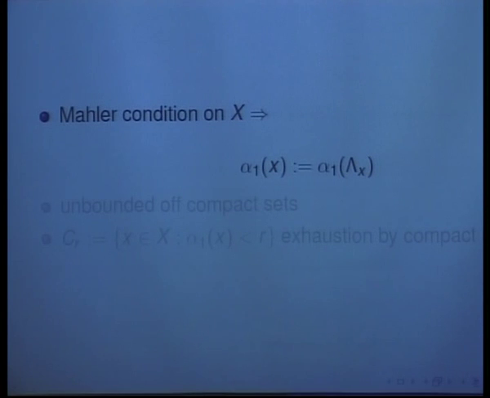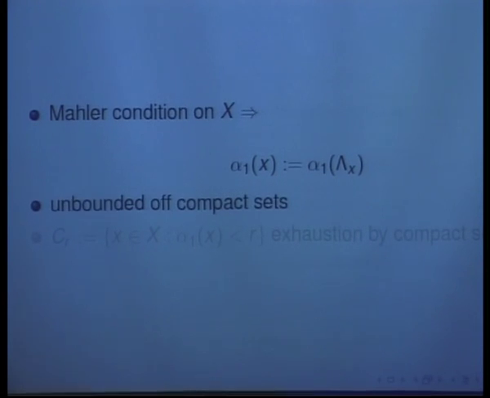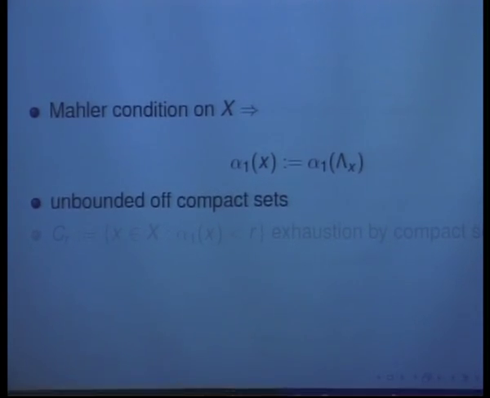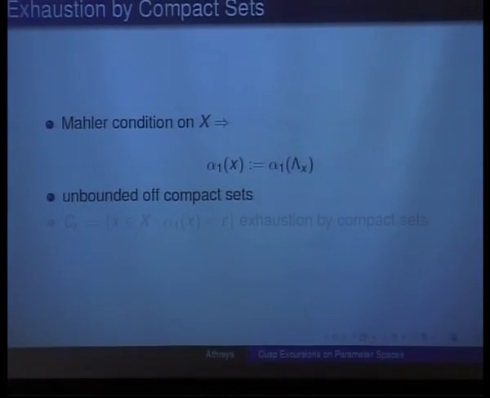So the Mahler condition on X. Now if I go back to my parameter space and define, by abuse of notation, alpha 1 of X as alpha 1 of the associated discrete set, it implies that that function is unbounded off compact sets.